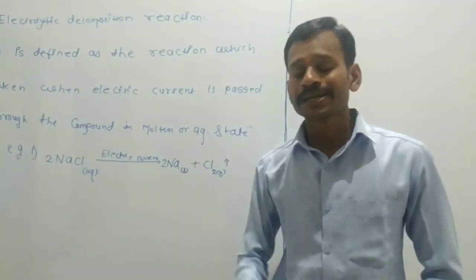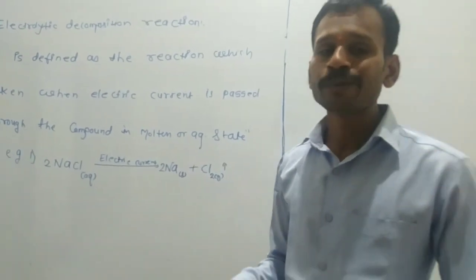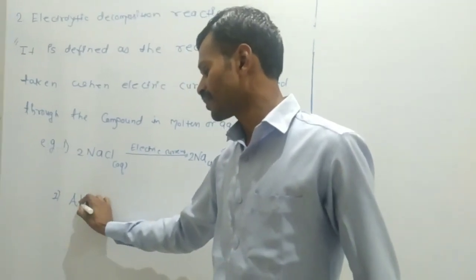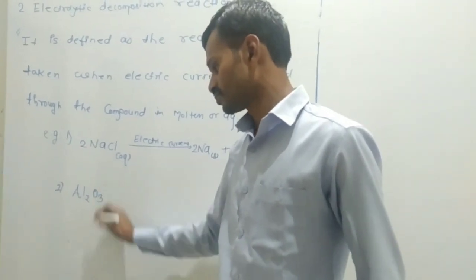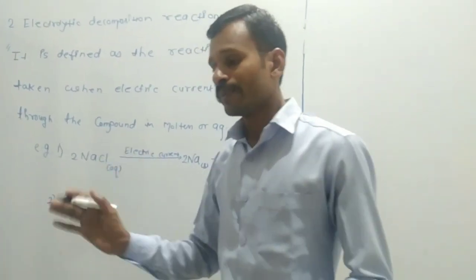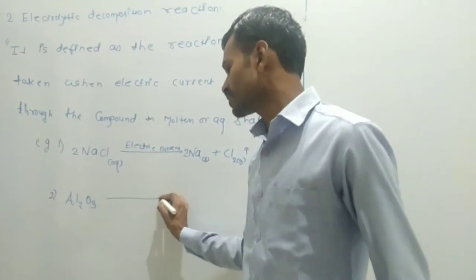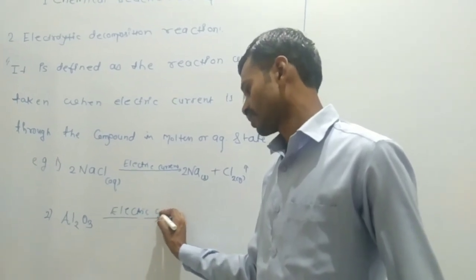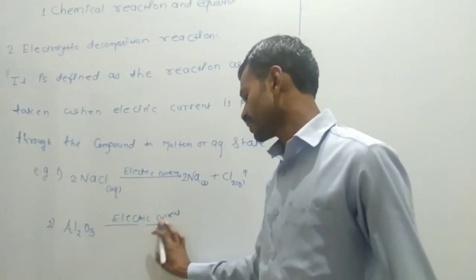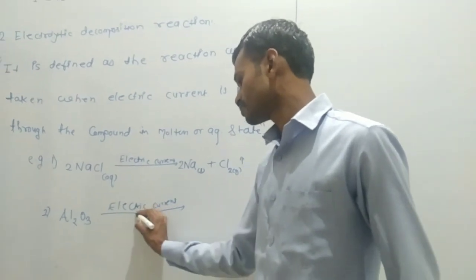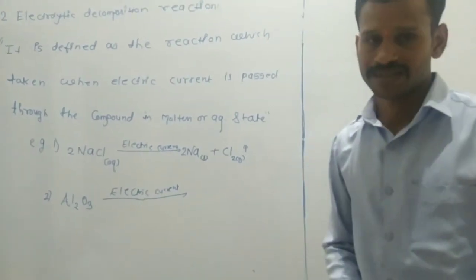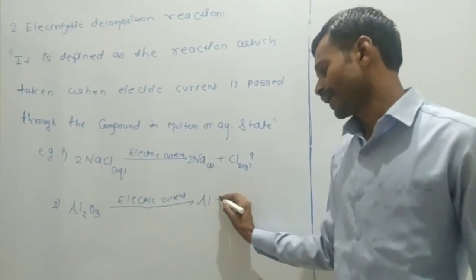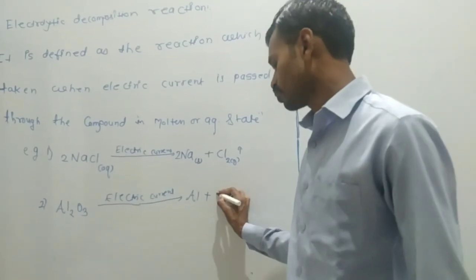We have a second example, that is aluminium oxide, Al2O3. It is a simple formula. We again take it in the molten state, and now electric current is passed. When electric current is passed, it forms aluminium and oxygen gas, O2 gas.